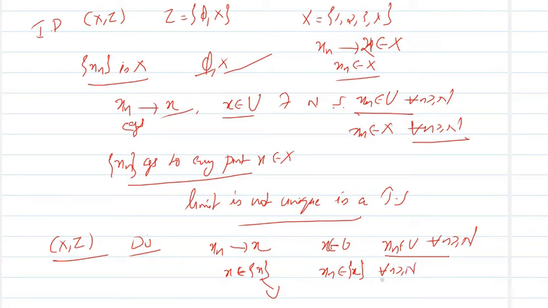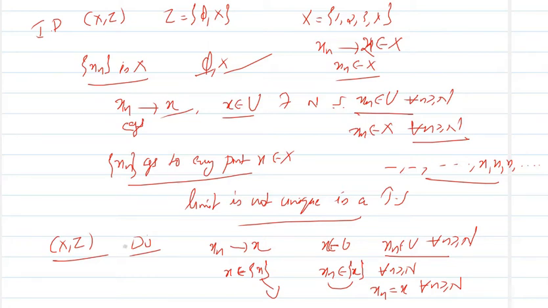That means after some finite stage, every element of the sequence should be in {x}. That is, xn can be of this form: some other elements, etc., but after a finite stage, every element should be x, x, x, etc. This sequence we know is an eventually constant sequence.